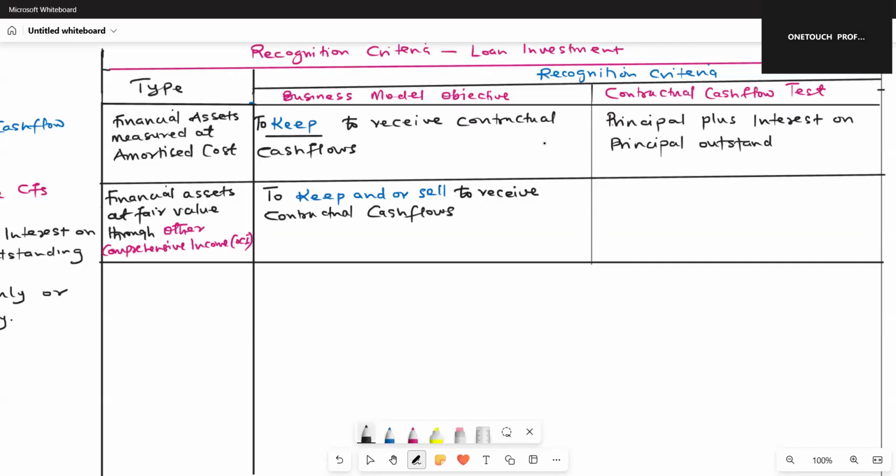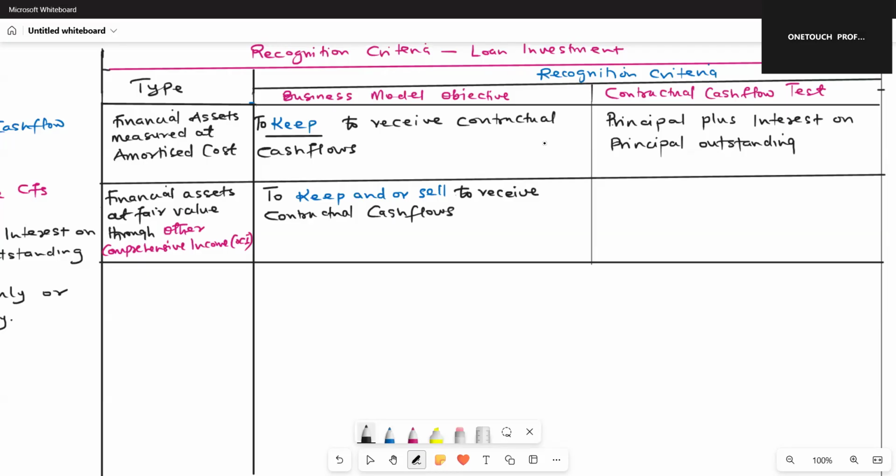So if they ask you of the characteristics of financial asset at amortized cost, you say that the business model objective is to receive contractual cash flows, which are mainly principal plus interest on principal outstanding.